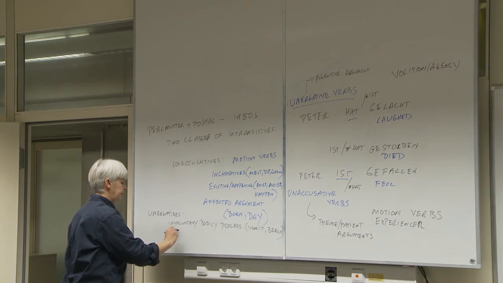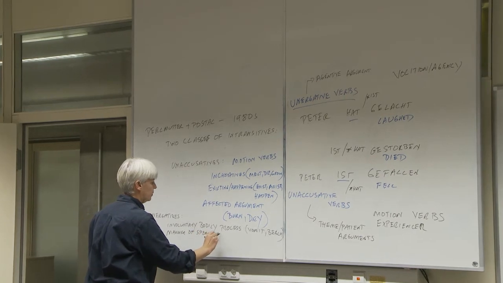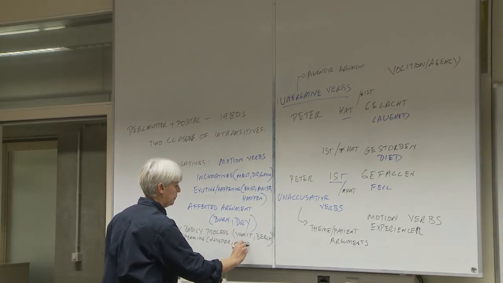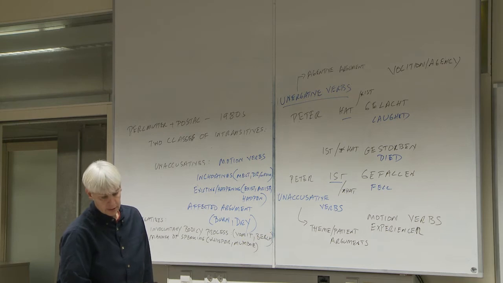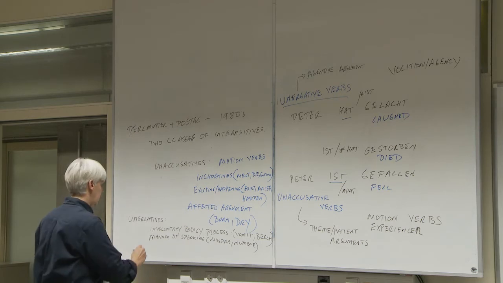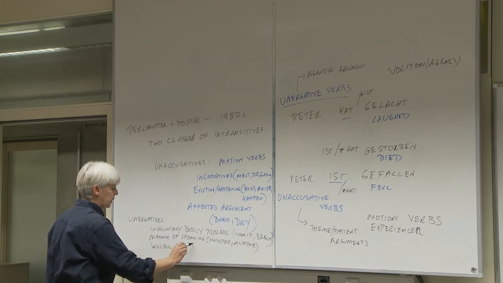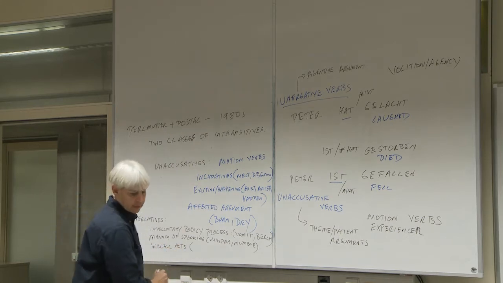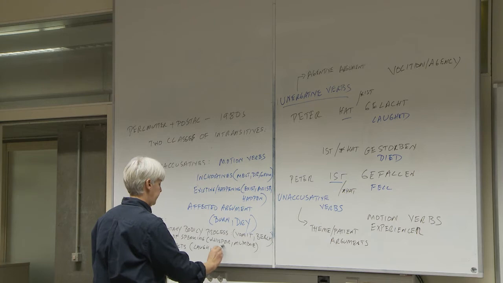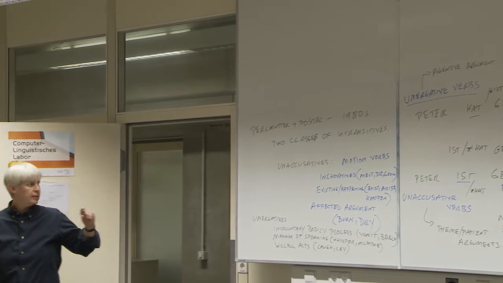Manner of speaking, so things like whisper, mumble. What else have we got? Animal sounds, I'm not going to write those down. Things like bark and roar. And willful or volitional acts, like laugh, cry. Okay, and I've given you the examples they have for English.